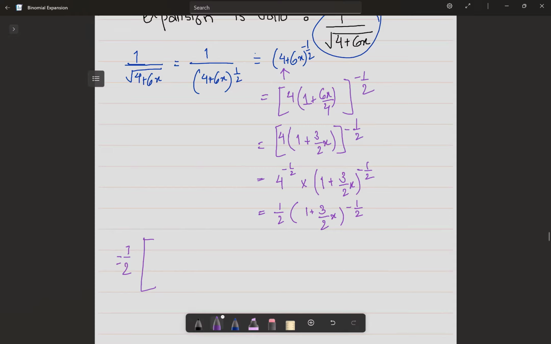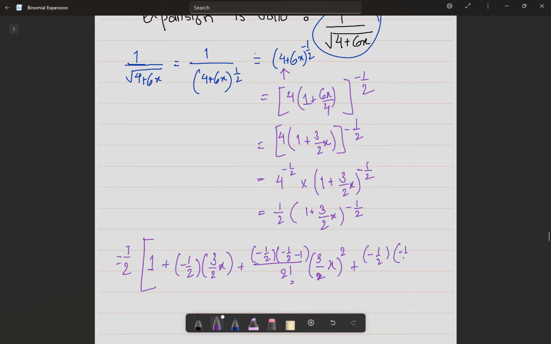For the expansion we know that the first term is 1 and the next term is going to be n into ax, and then we have n into n minus 1 divided by 2 factorial into ax square, and then the next term would be n into n minus 1 into n minus 2 divided by 1, 2, 3, so 3 factorial, and then 3 by 2x to the power of cube.